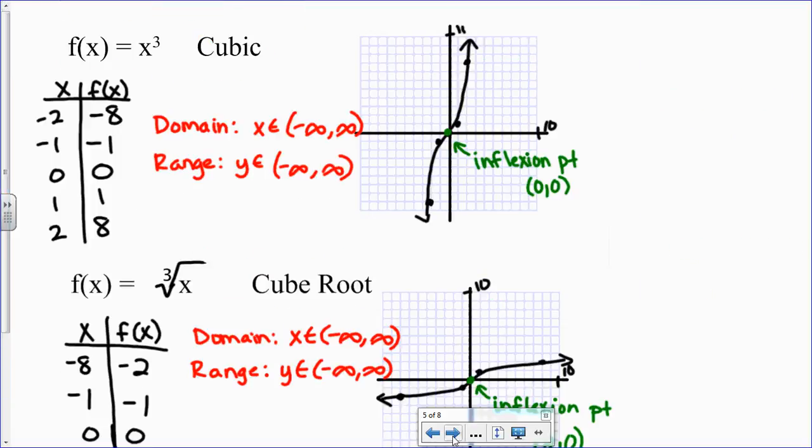A cubic. What's my end behavior here? Down, up, and cube roots is the same. Down, up.